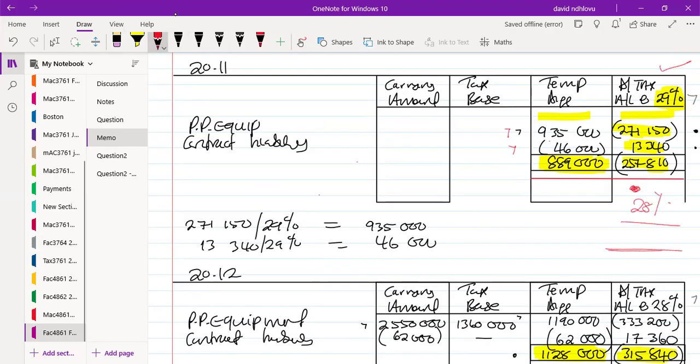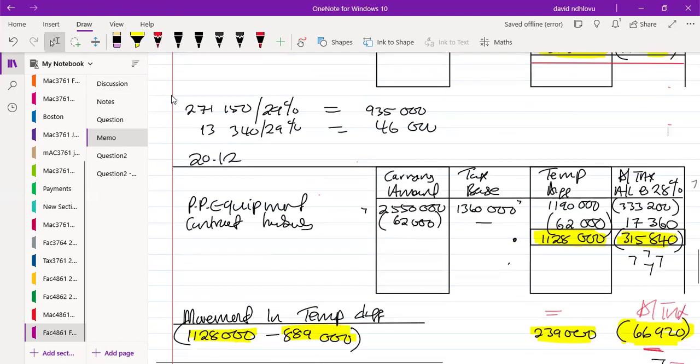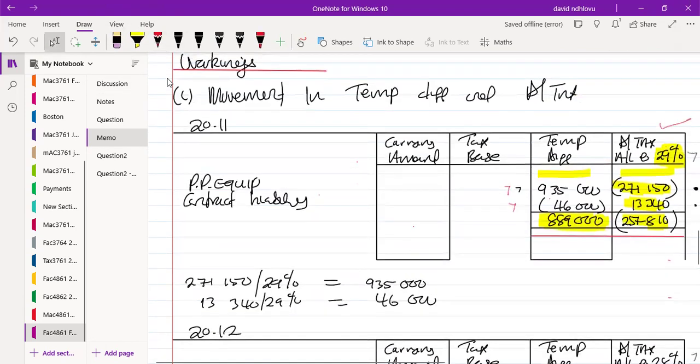There is a decrease of 1% in terms of rate. So that decrease is a reduction in terms of that amount. We need to account for that. However, to account for that is very easy. You take the deferred tax amount for the current year, which is the 315,840.